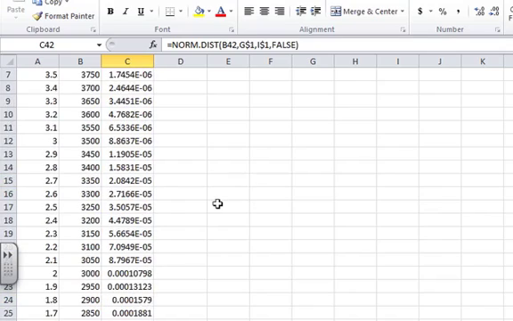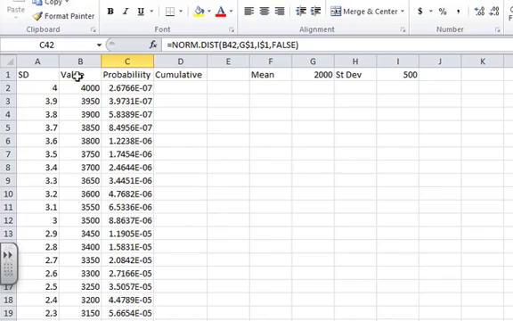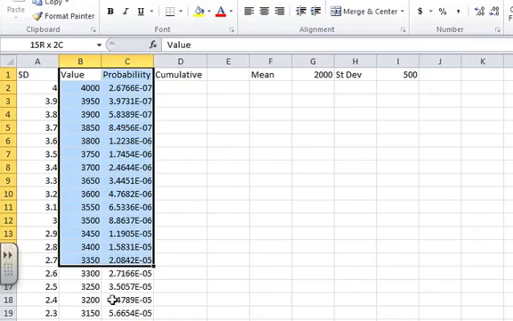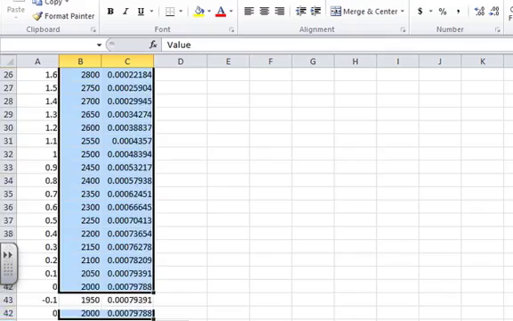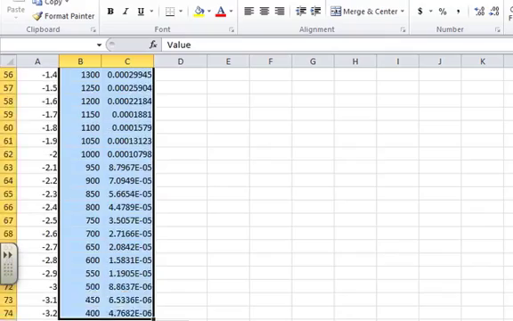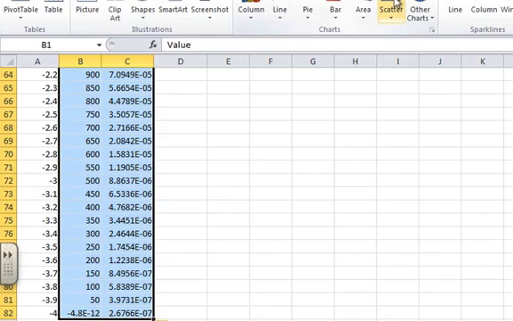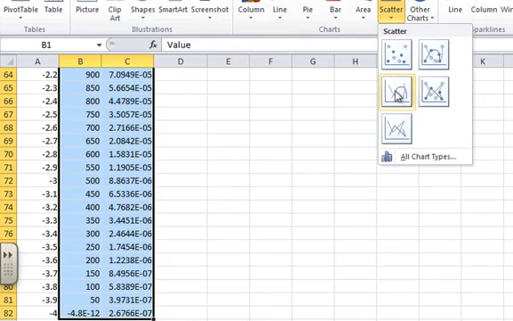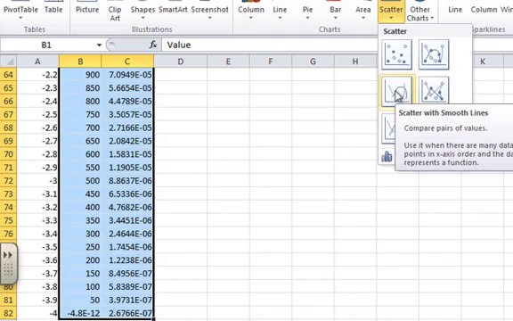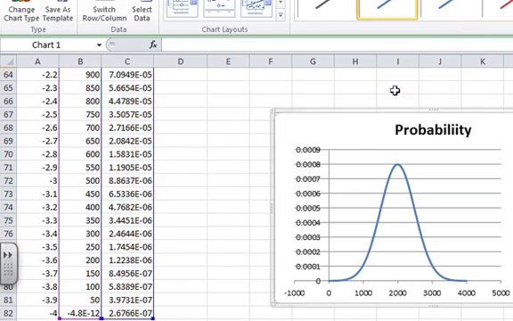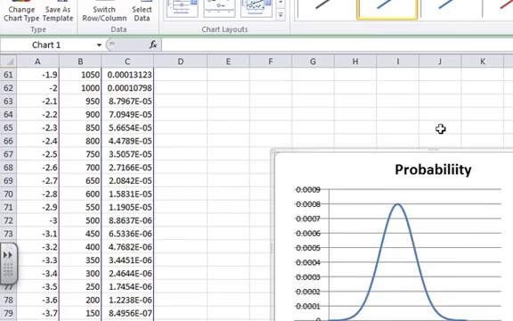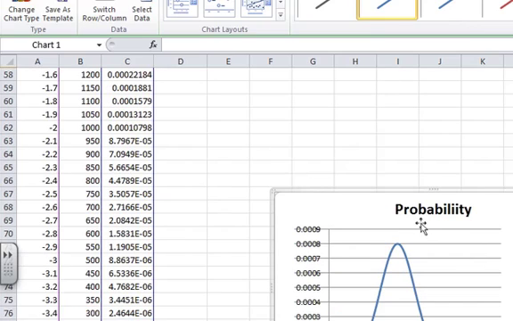So I'm now going to graph this information, and you're going to see the normal curve. So I'm going to go insert, scatter, and we'll select the scatter with smooth lines, and there's our probability, there's our normal curve.